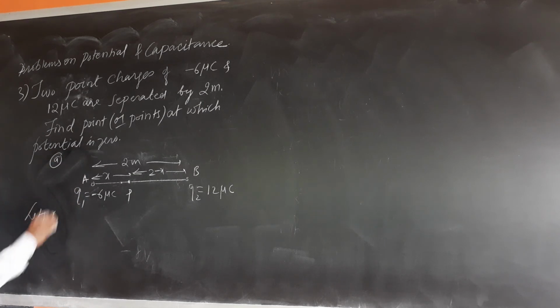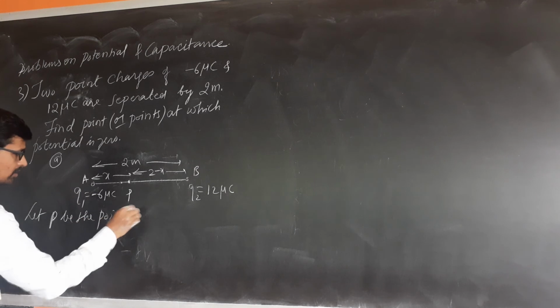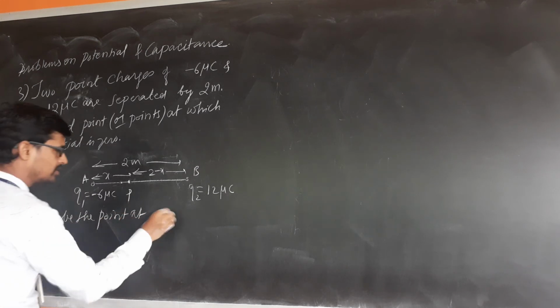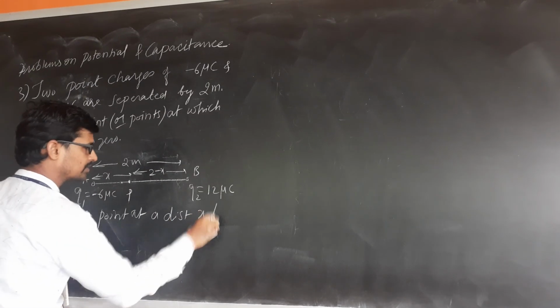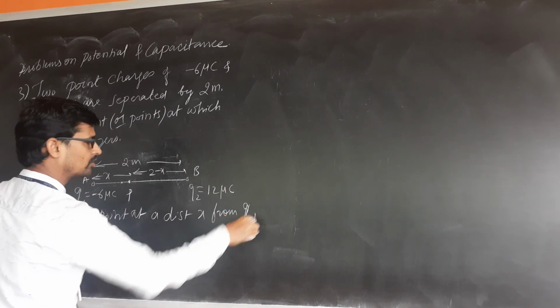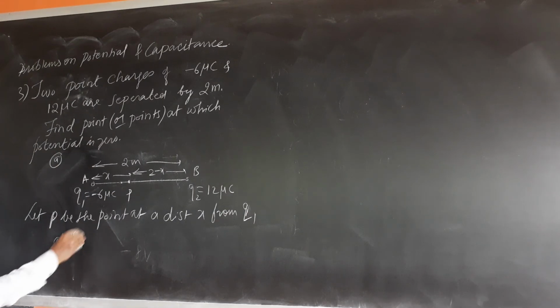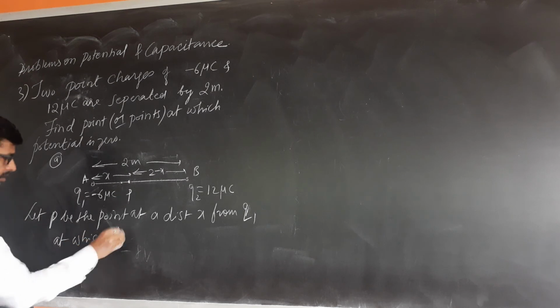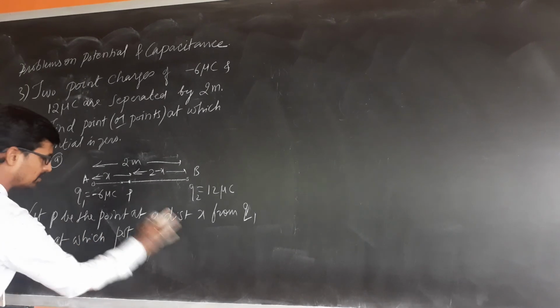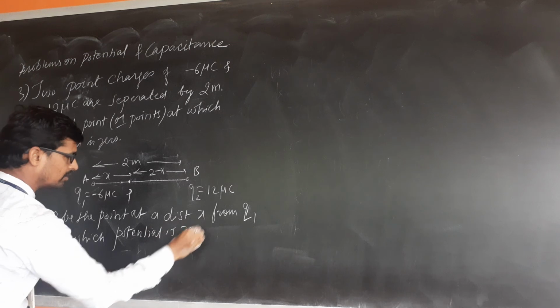Let P be the point at a distance x from Q1, at which potential is 0.